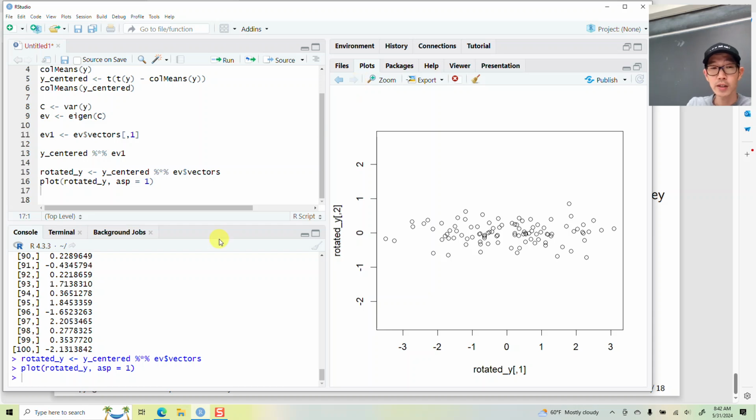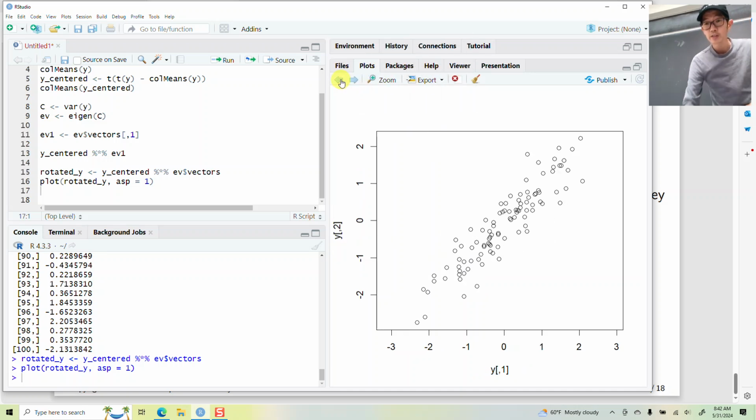Okay, and then if I take EV1, what it will do is just collapse. So here's our original data in 2 dimensions, and there's high correlation between y1 and y2.